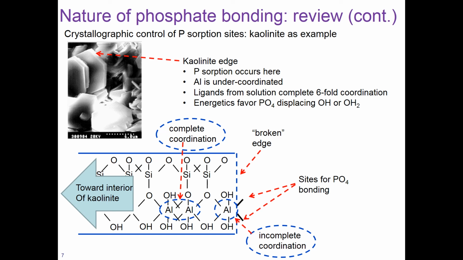But a good part of the surfaces of kaolinite, a good fraction of the surface area, would not be subject to phosphorus sorption because all the coordination is complete along the surface, as opposed to the broken edge itself.